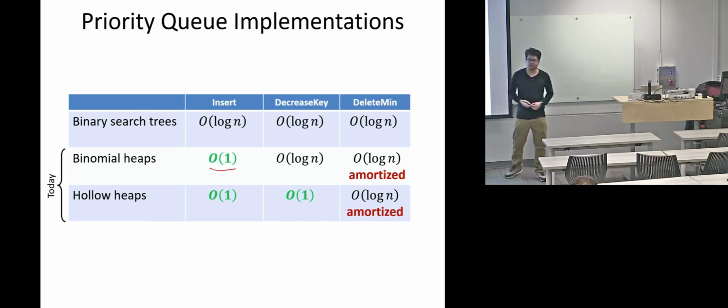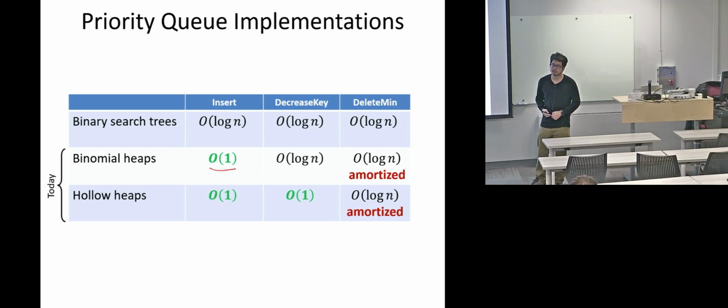Ignoring insert and decrease key, if you're just trying to find the min n times, the best way would be a vector. You sort it and then you just go from right to left.